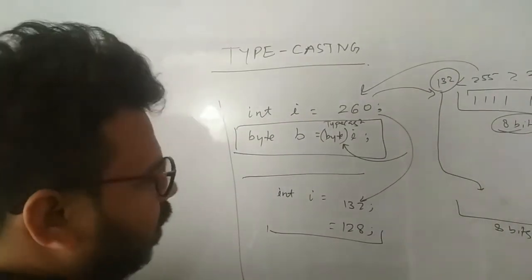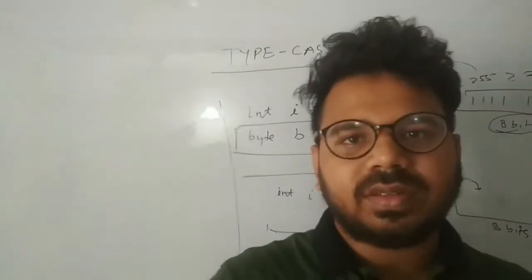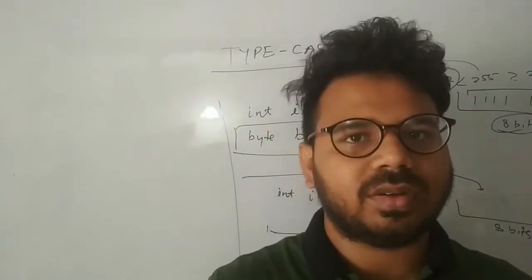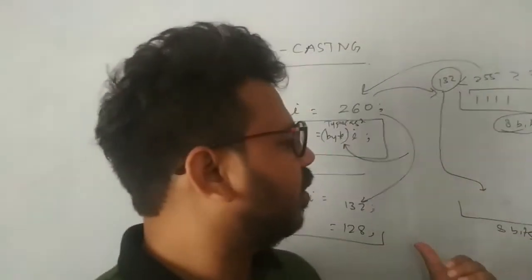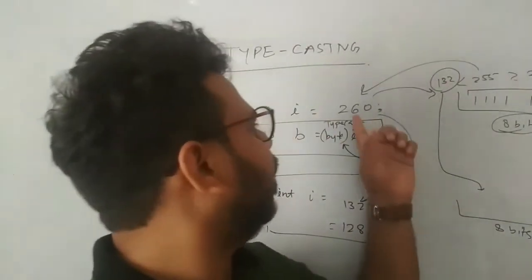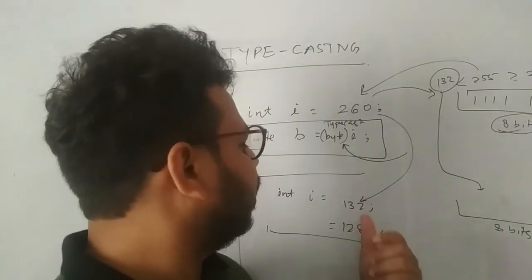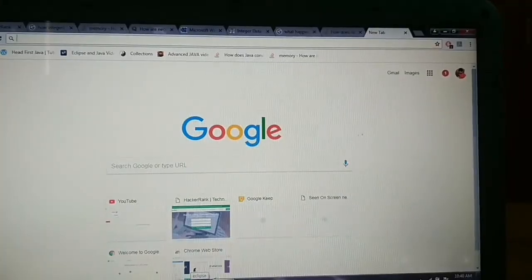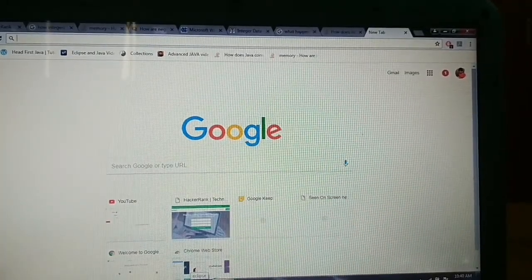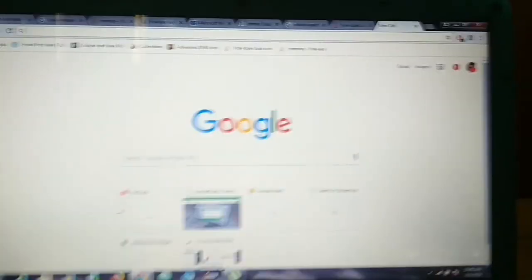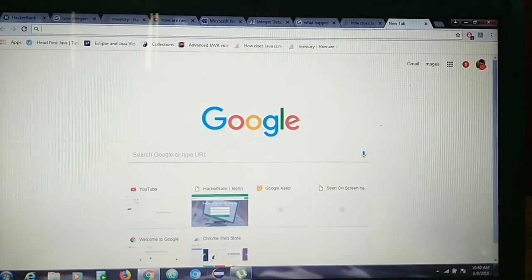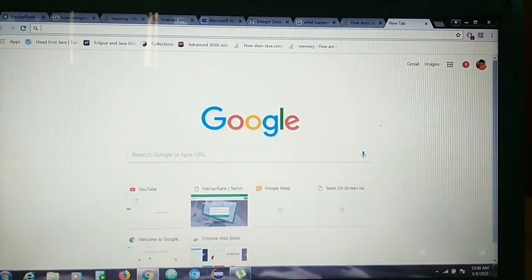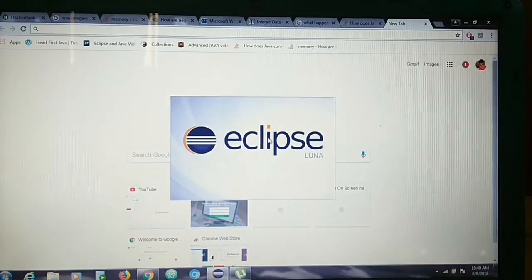So let's see this example on our computer. Let's see what output we are going to have for 260 and for 132 or 128. I'm going to use Eclipse here for your understanding of the example.